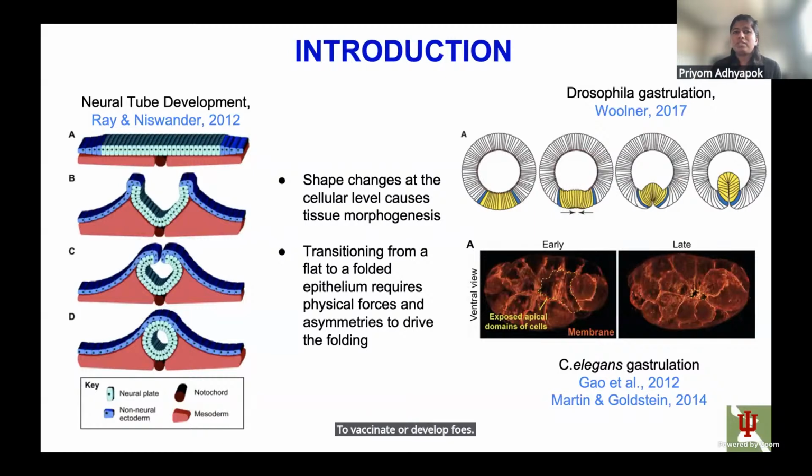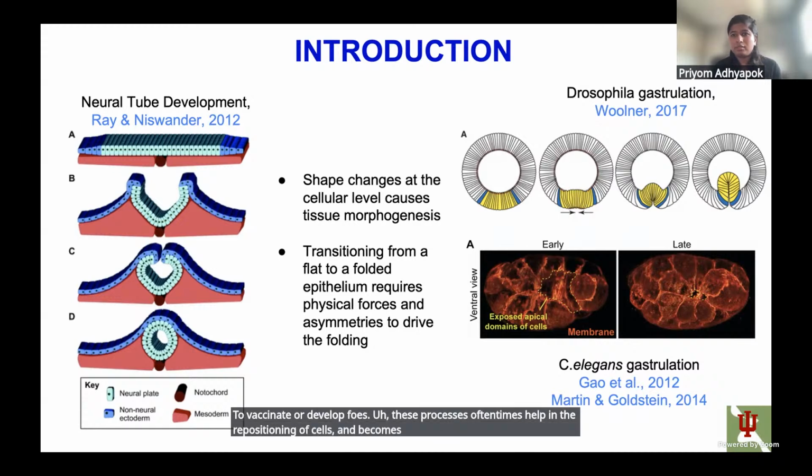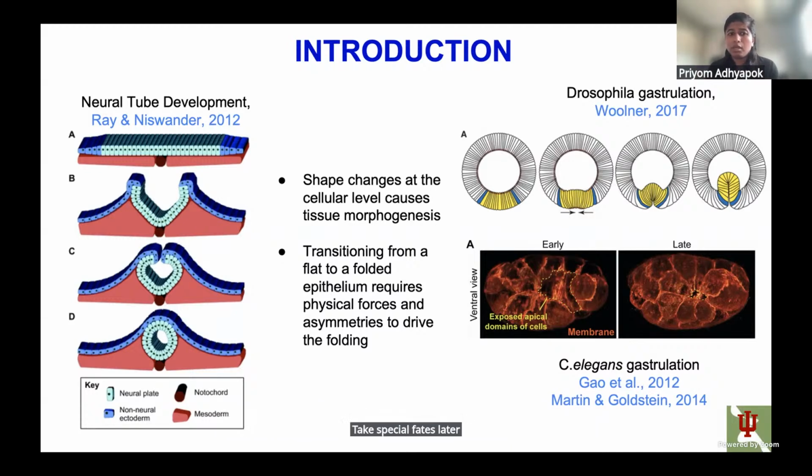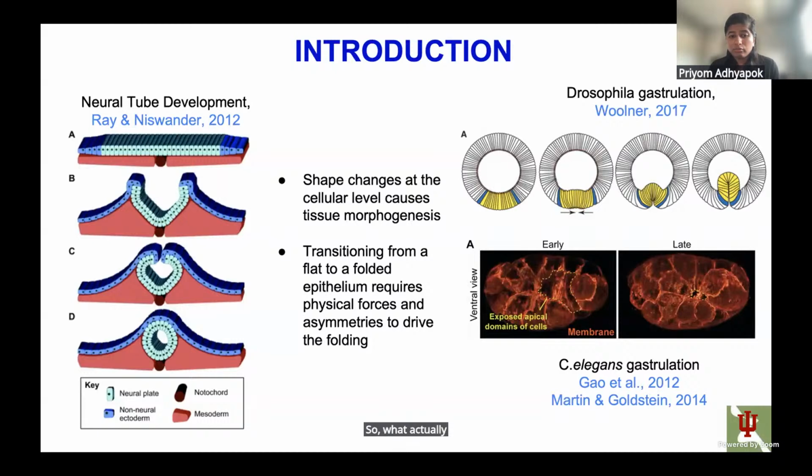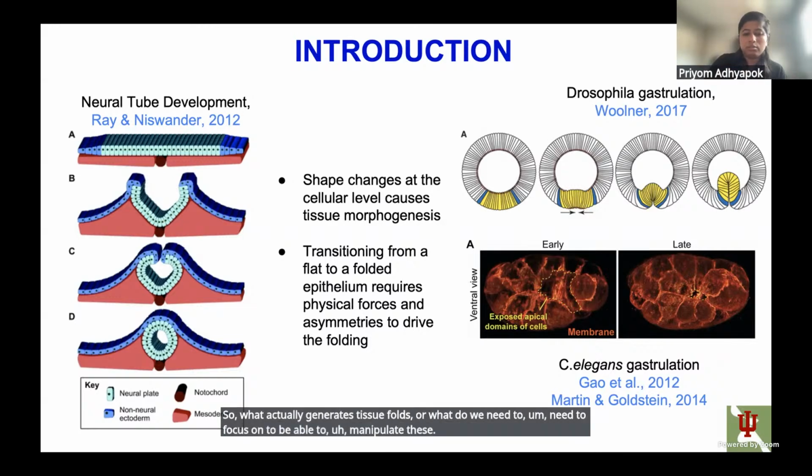These processes often help in the repositioning of cells and become very relevant, for example, in gastrulation, where you need invagination to separate the three germ layers, which will take special fates later in development. Tissue folding is a very nice phenomenon, and it would be great if we are able to replicate that in CompuCell3D. So what actually generates tissue folds, or what do we need to focus on to be able to manipulate these tissue shapes?